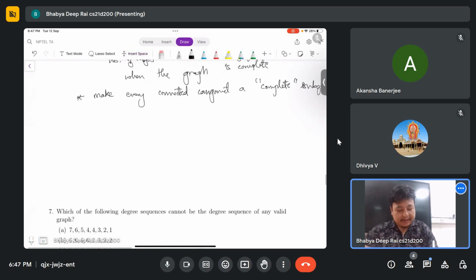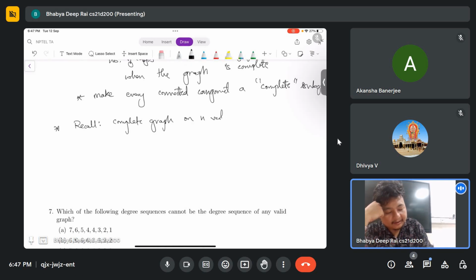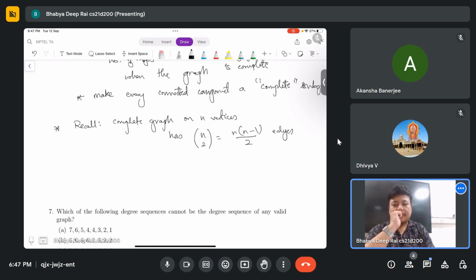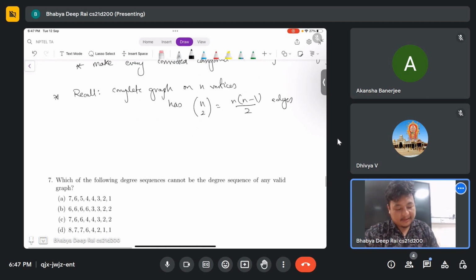So like the previous question, recall that a complete graph on n vertices has n choose 2, which is n times (n minus 1) divided by 2 edges.